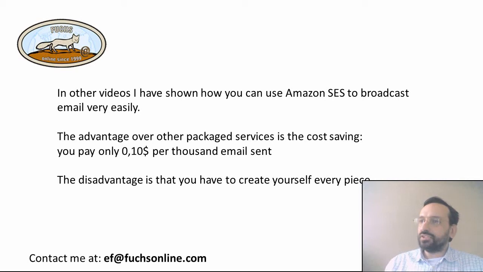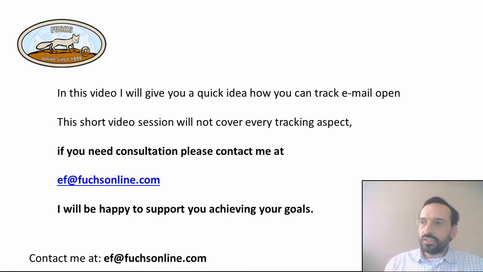The disadvantage of using a service like this one is that you have to create every piece by yourself. So in this video, I will try to give you a quick idea how you can do email tracking when a user opens the email that you have sent him.